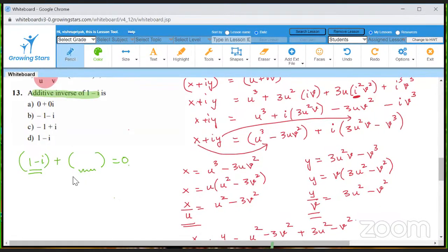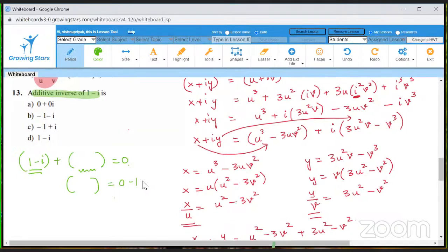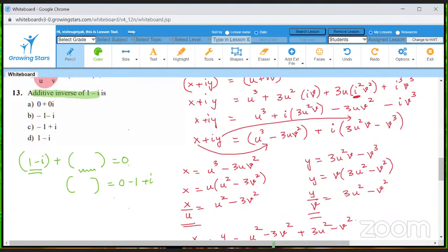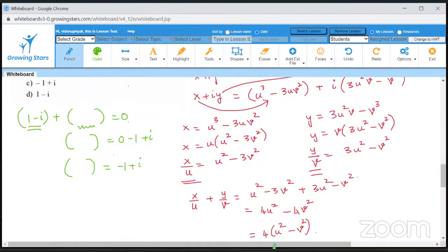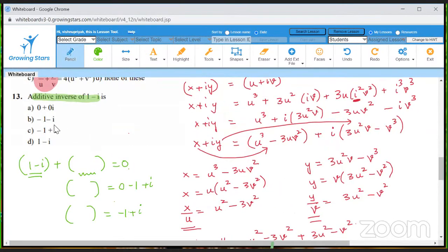So what is the additive inverse? 0 minus 1 plus i. Darshu said B, Madhu said A. So the additive inverse will be minus 1 plus i.